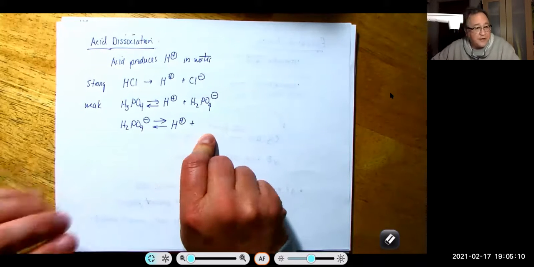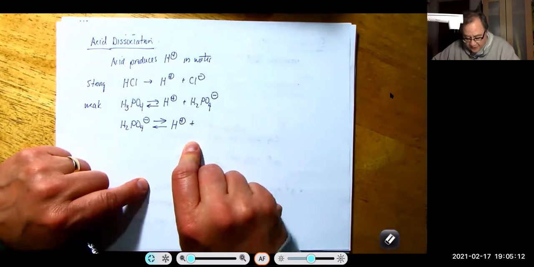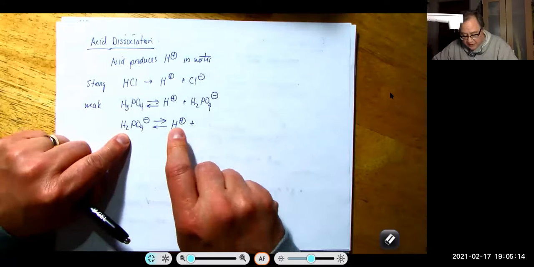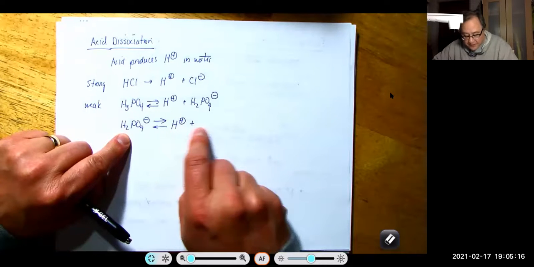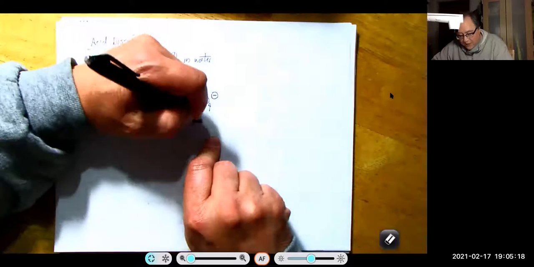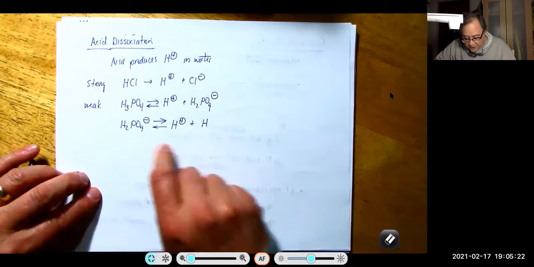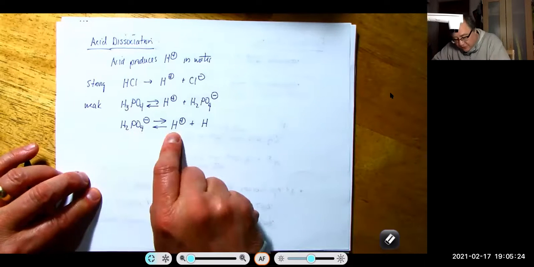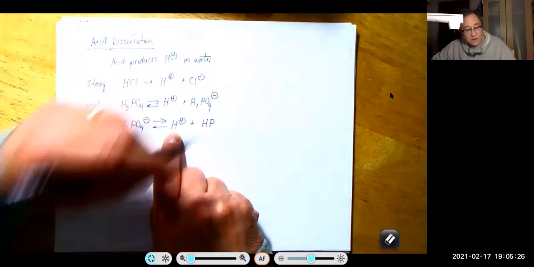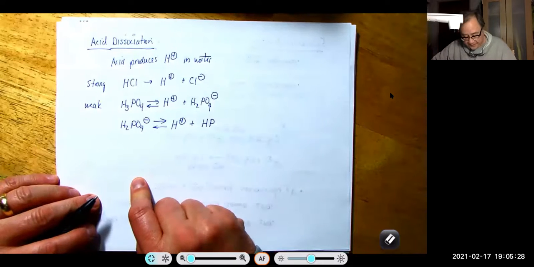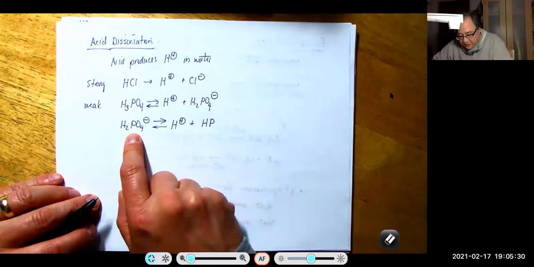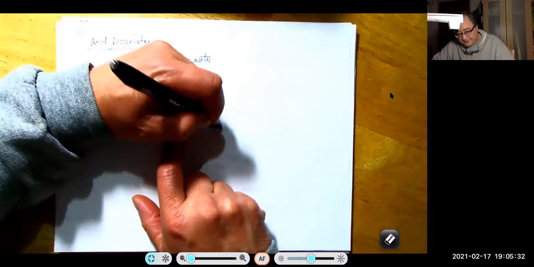Well, here's how we figure it out. This has 2 hydrogens. This has 1. So whatever is made over here has to have 1 hydrogen. This has 1 phosphorus. This has none. So whatever is made over here has 1 phosphorus. 4 oxygens, none here. So this needs 4 oxygens.